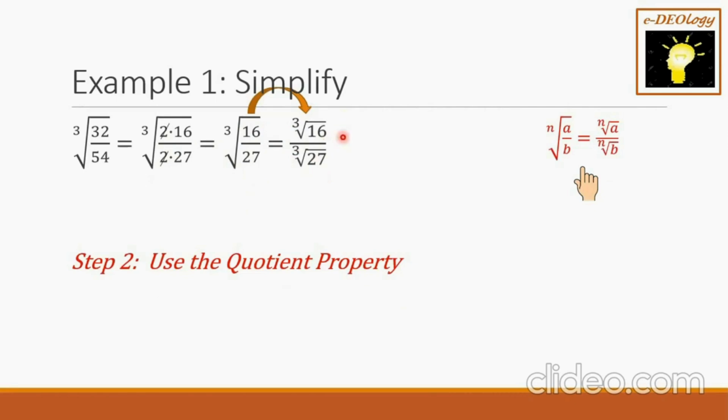We're going to check the radicand of the numerator and denominator if they are in the form of a perfect nth power. Since our index is 3, we will check if the numbers are perfect cubes. In the numerator, 16 is not a perfect cube. In the denominator, 27 is a perfect cube.